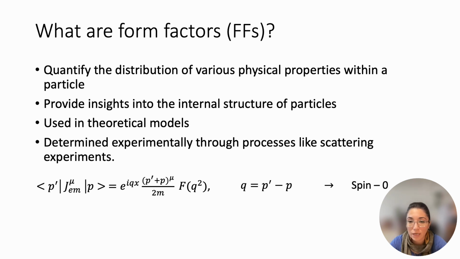And the deviations found in the scattering data from these experiments are encoded in terms of form factors defined through matrix elements of the electromagnetic current operator, which is defined here, where P prime is the final state of the particle with the final momentum, and the ket P is just the initial state of the particle with initial momentum P. And here's the definition, where Q is just the momentum transfer, the difference between the final momentum and the initial momentum.